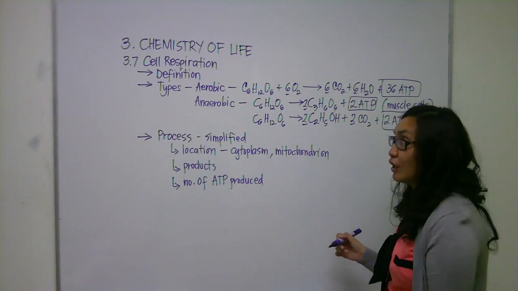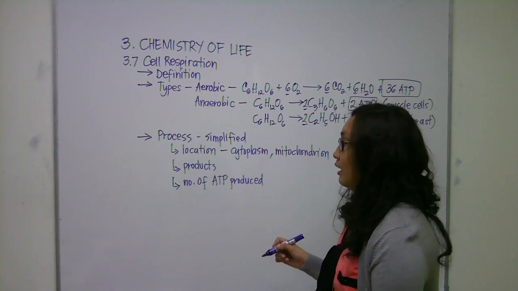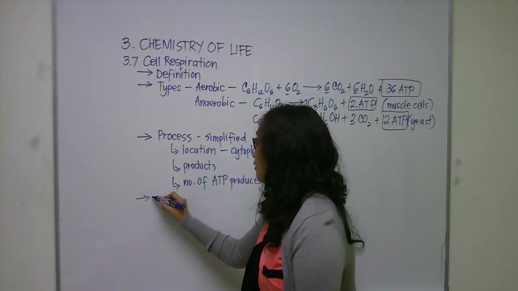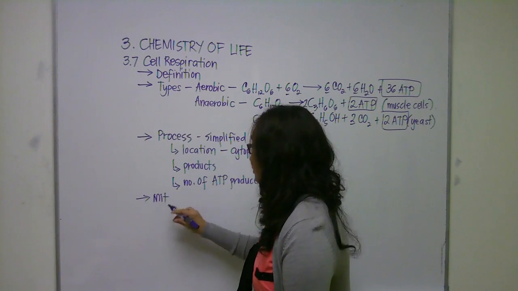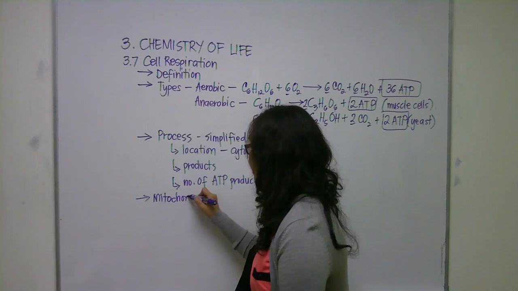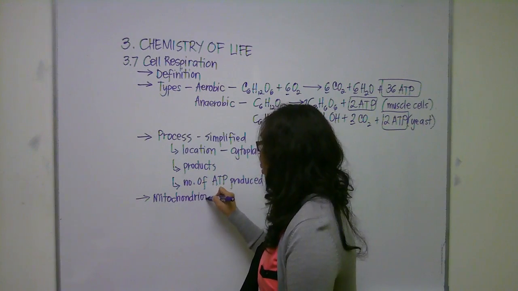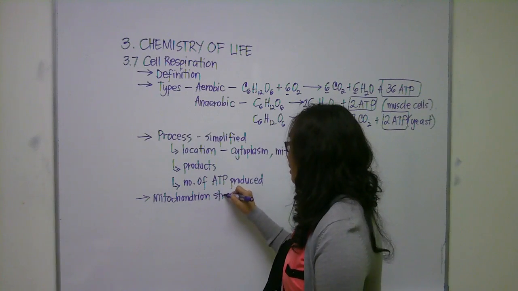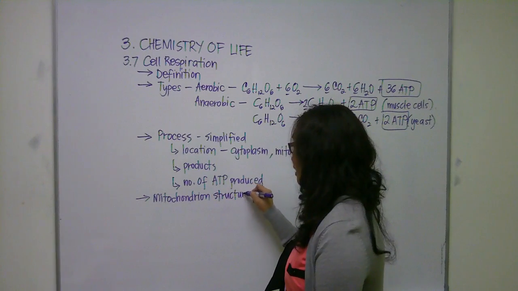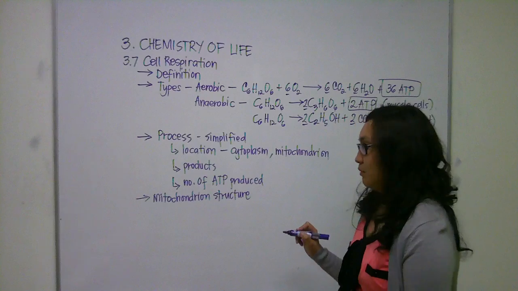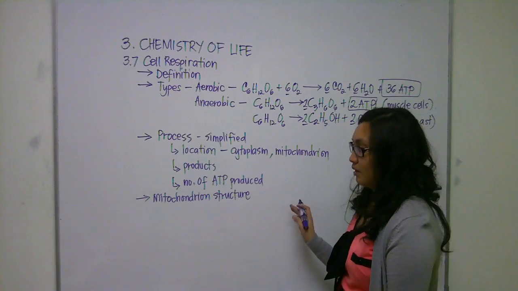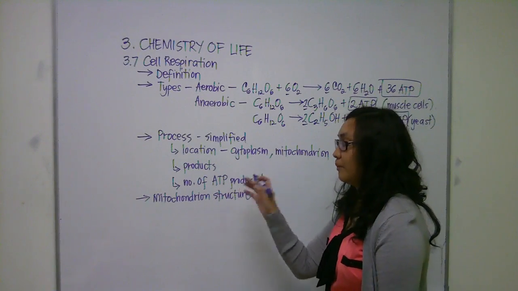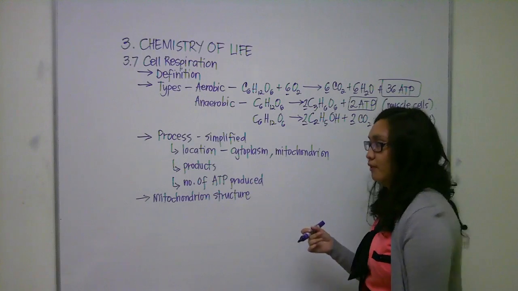It is also important to know the structure of the mitochondrion. Since the mitochondrion is an organelle where cell respiration is occurring, learning a simplified mitochondrion structure will be helpful as well.